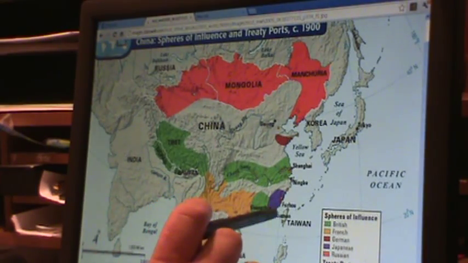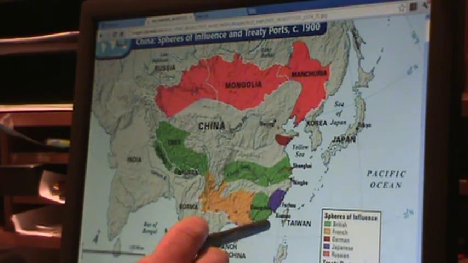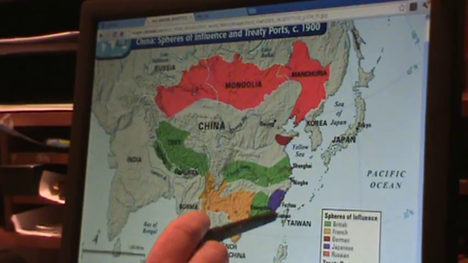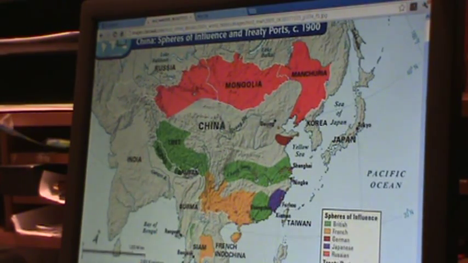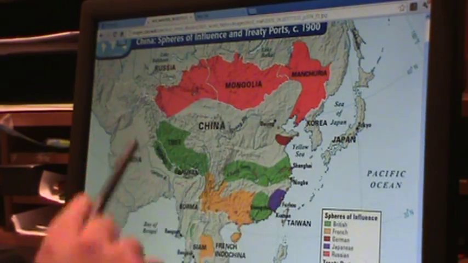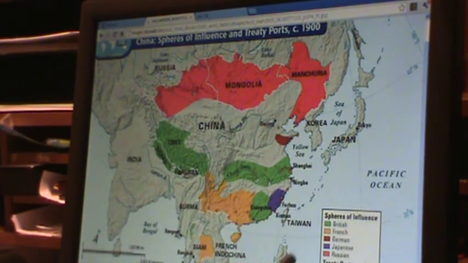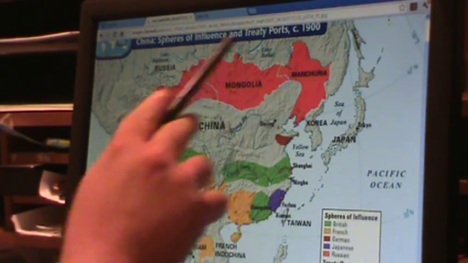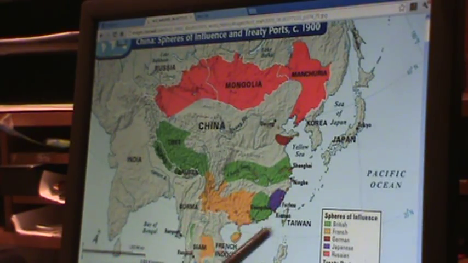The Portuguese also had some small spheres of influence, and the small island of Macau was a Portuguese sphere of influence. So you can see that although China was technically one united country ruled by the emperor in Beijing, in reality it was controlled in large part, especially along the wealthier coasts and along the wealthier rivers, by Europeans.